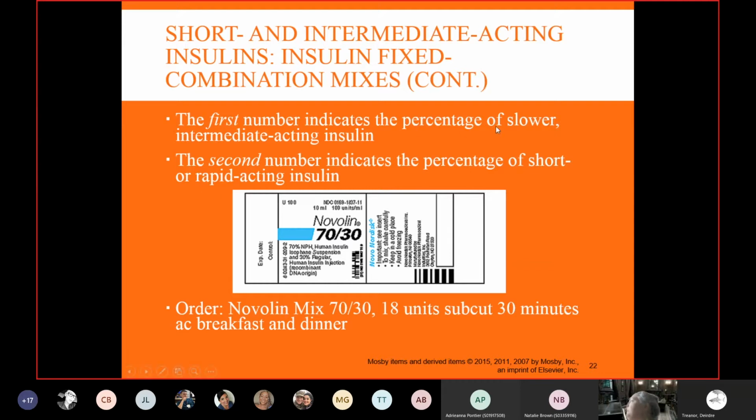So here, the first number is the percentage of slower. The second is the percentage of rapid acting. And then here is your order. 18 units, sub-Q, 30 minutes. AC is kind of redundant, but before breakfast and dinner.